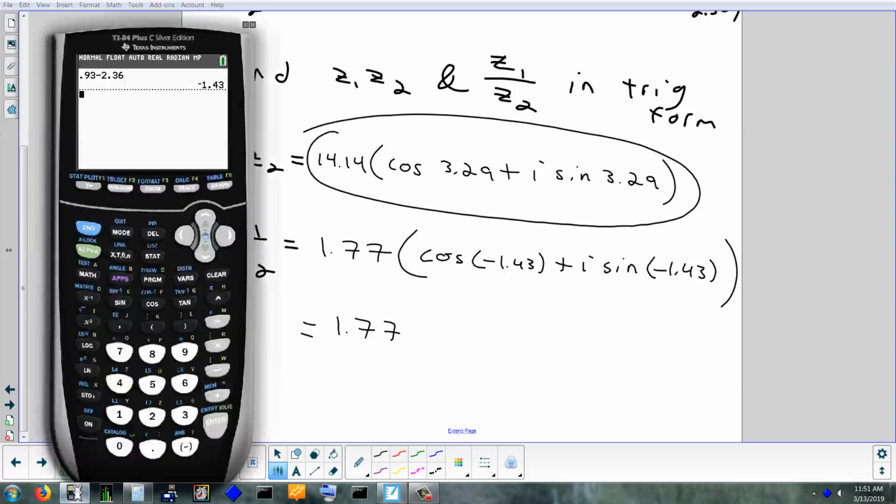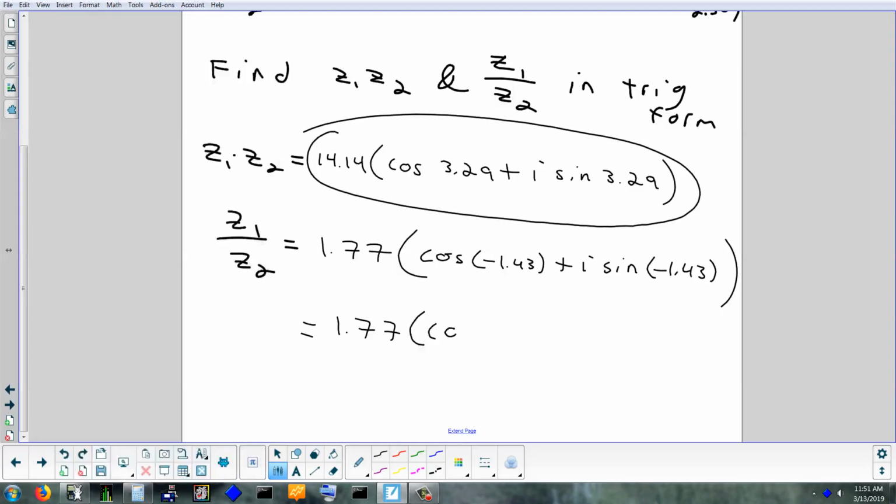Or in radians, we could add 2 pi. That's one way to change it from a negative angle to a positive: 4.85 plus i sine 4.85. Both of those answers are correct.